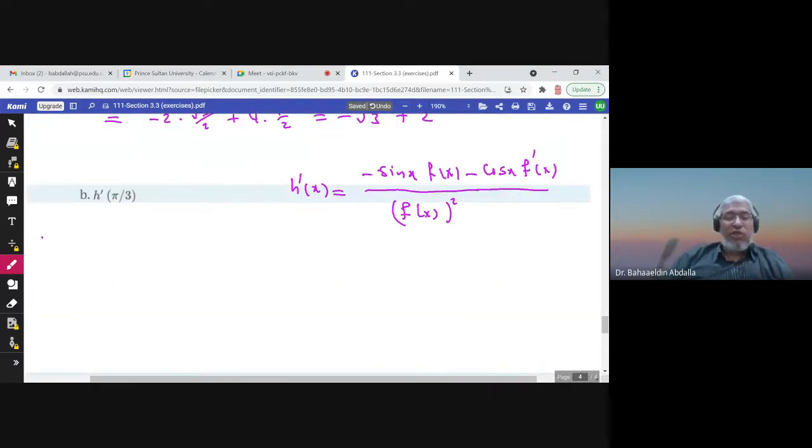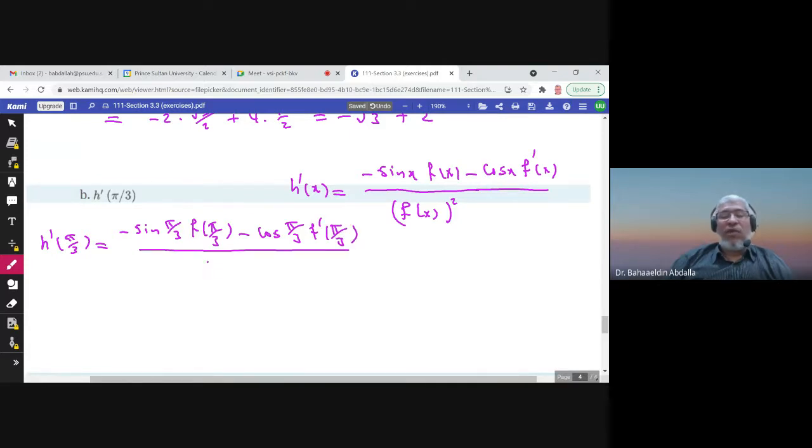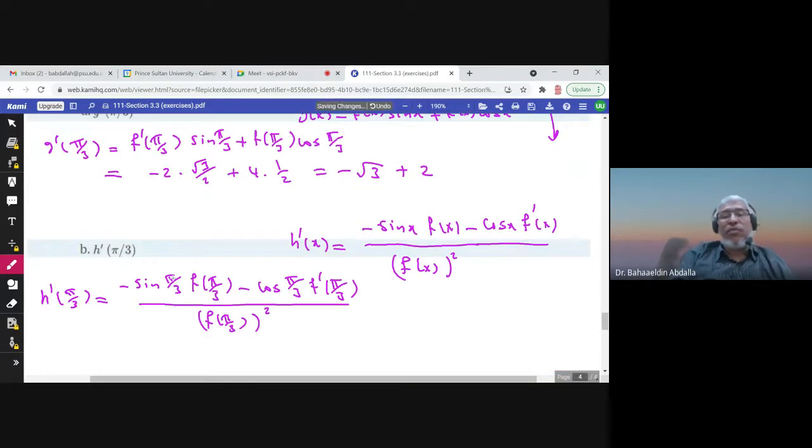So h prime of pi over 3 would be equal to negative sine pi over 3 f of pi over 3 minus cosine pi over 3 f prime of pi over 3 over f of pi over 3 to the power 2.